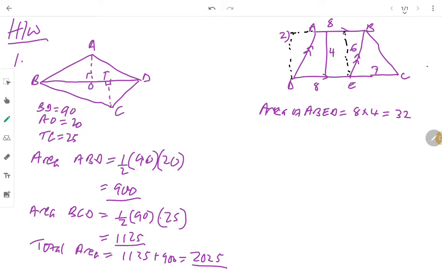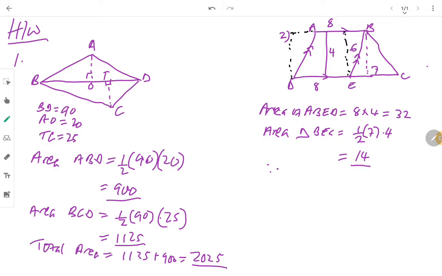Then the area of triangle BEC is half of 7 as my base, and my height is still 4. So this is 14. The height is still this one, and this distance is 4.